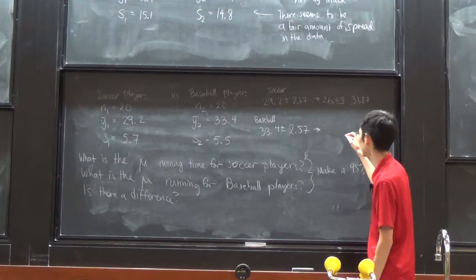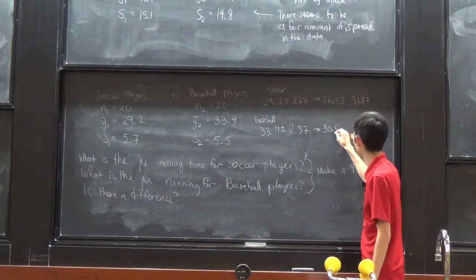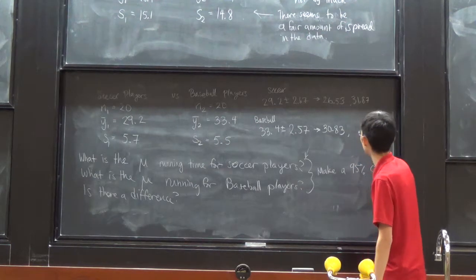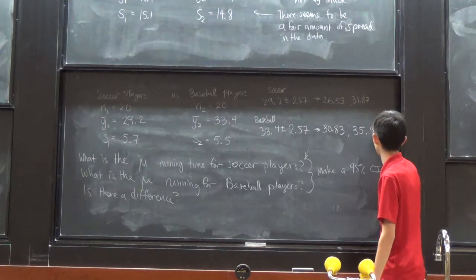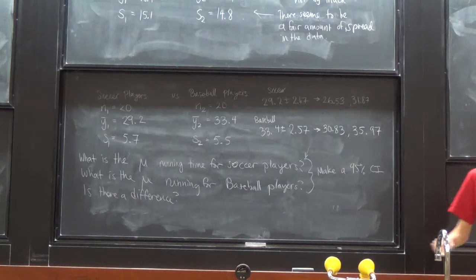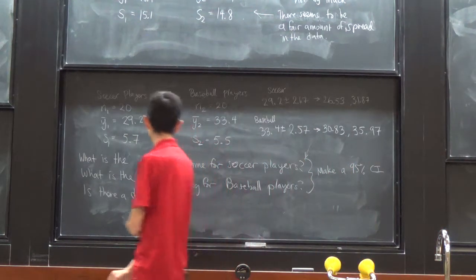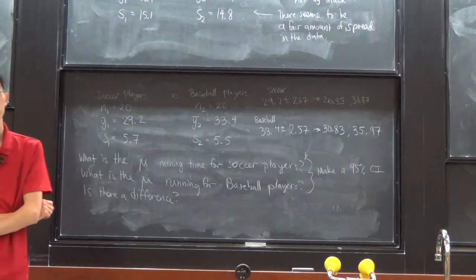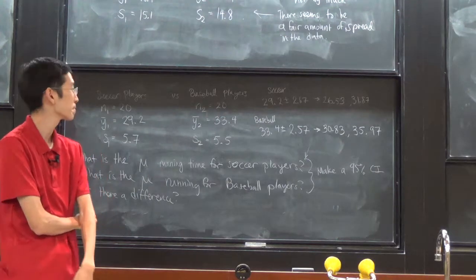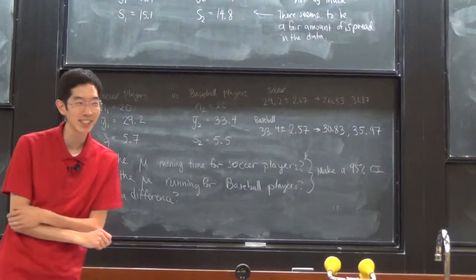So that gives me 30.83 to 35.97. So what do we got? Okay, so is there a difference between the mean running time for soccer players and the mean running time for baseball players? Maybe. Maybe not. Okay. All right.